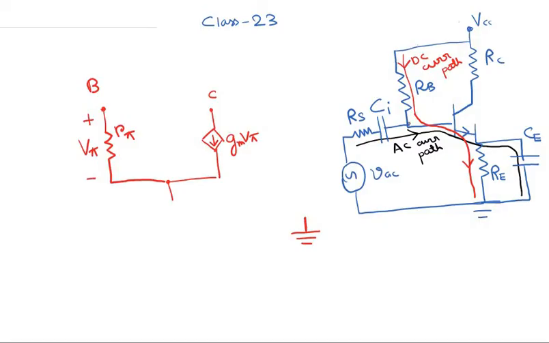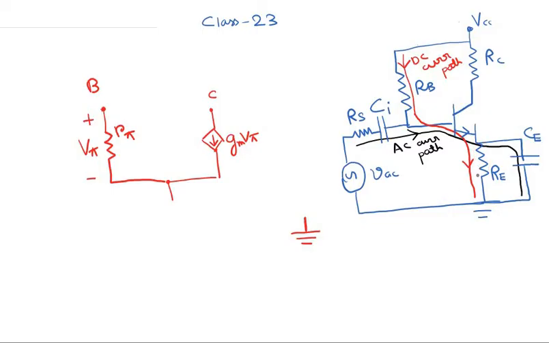And then between the emitter and the ground, we have two impedances connected. One is this CE, which is basically acting as a short circuit at the AC frequency, and another we have this resistor RE. Okay, but since CE is basically acting as a short circuit at the AC frequency, no AC current would actually flow through this resistor RE because it already has a short circuited path through CE.